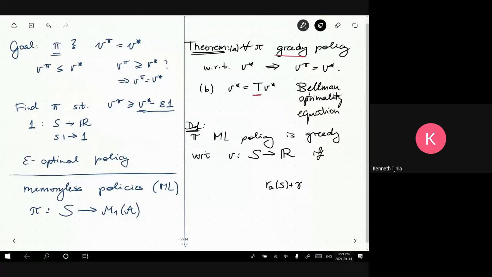You pretend that V gives values for the future. So you say, let's pretend that whatever the future holds is summarized compactly by these values. And then let's test what would happen if I choose an action A, and what would be the total value that I get. The total value would be the immediate reward, because in the return we had this discounted sum of rewards, so you would have the immediate reward plus gamma times all the future rewards.